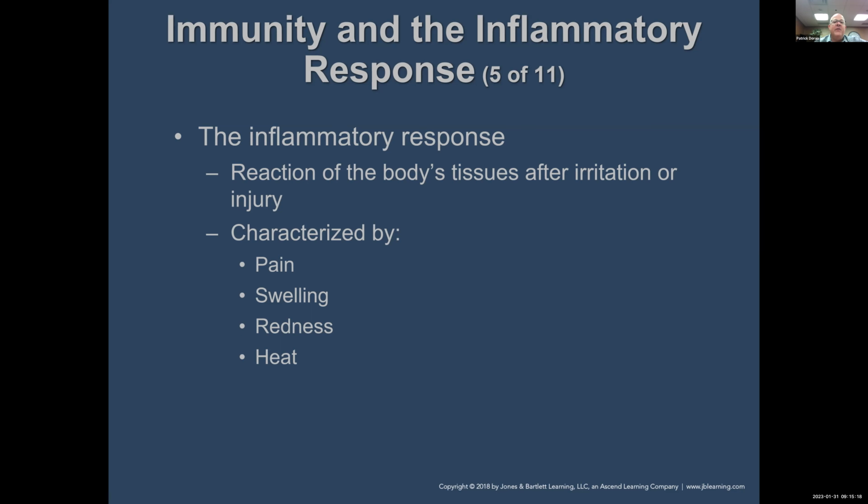Pain, swelling, redness, heat, right? So it takes a little bit of understanding the front story before we say, oh, that leg is inflamed, or boy, that leg is infected. So infection and inflammation run hand in hand in their signs that we can see.